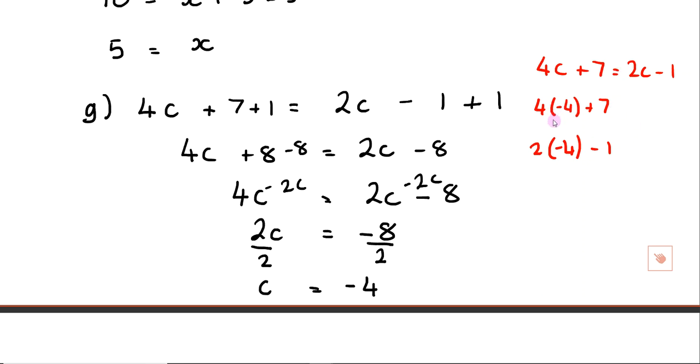So that would be negative 16 plus 7 is negative 9. 2 times negative 4 is negative 8. Negative 8 minus 1 is negative 9. I am happy that they are equal. So my equal sign, I've done. That's my check. I would do that in my head if I was unsure.